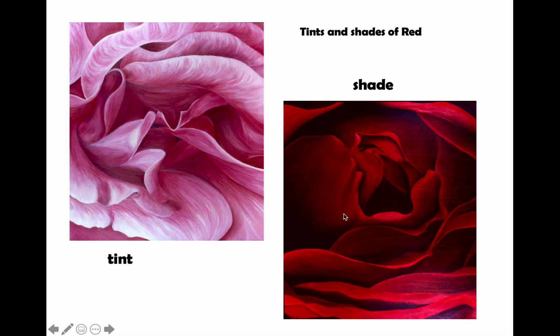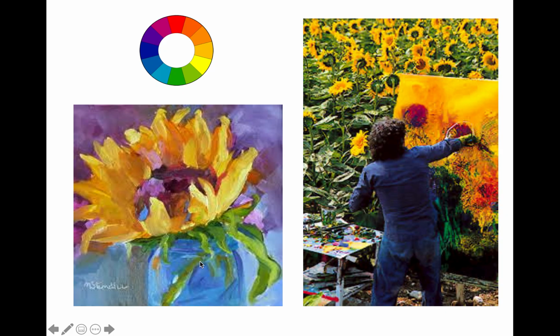Adding white lightens a color and produces a tint, as you see here in this painting on the left. And of course, a shade is when you add black to darken the color. But colors themselves have value inherent in them. Yellow, of course, is our lightest valued color, and purple is the darkest.